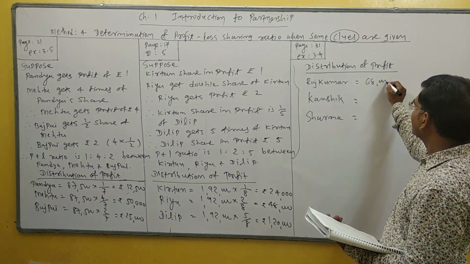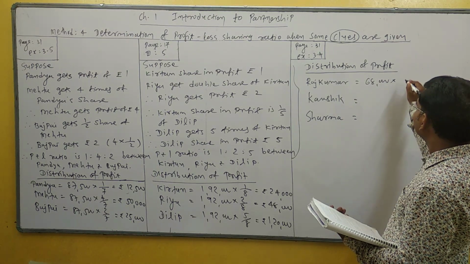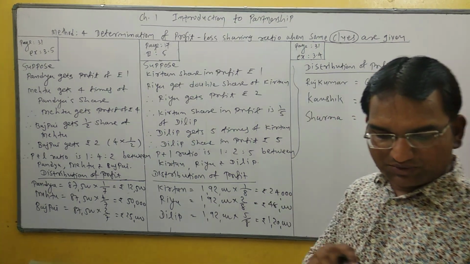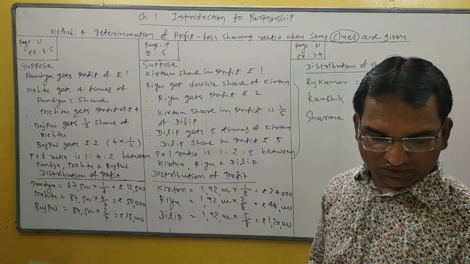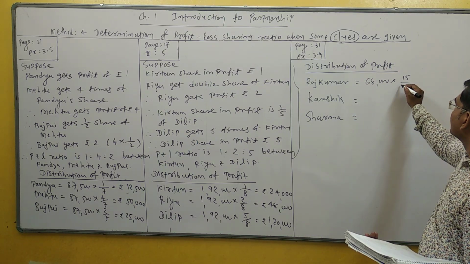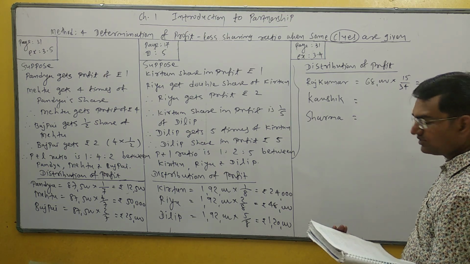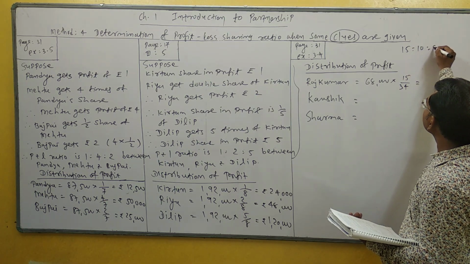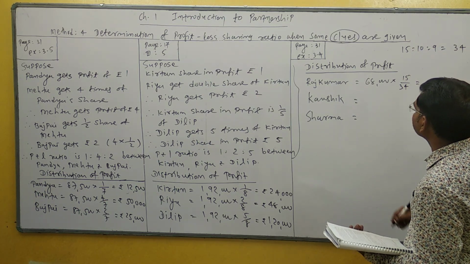So 68,000 into 15 divided by 34. How to get 34? The ratio is 15:10:9, so total 34.